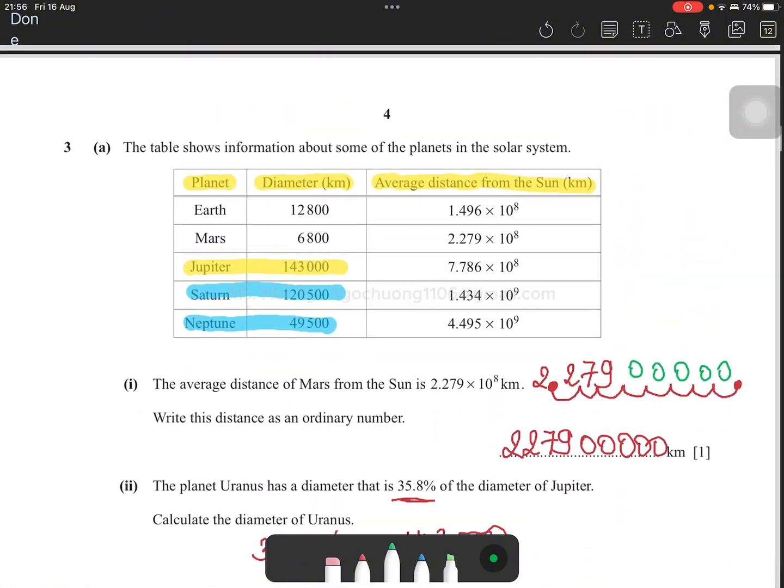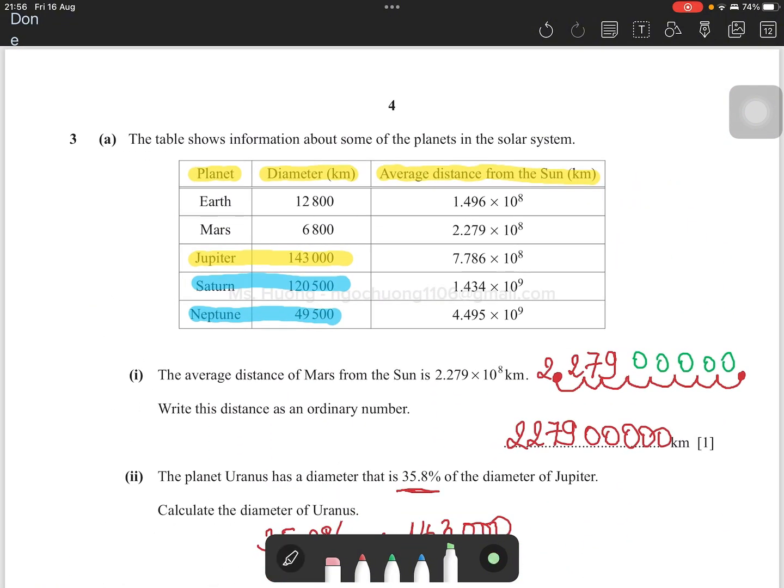So let's check Neptune and Earth. Neptune, the average distance from the Sun is this, and for the Earth, the average distance is this one. So we compare these two numbers. We find the average distance of Neptune as the percentage of the Earth.